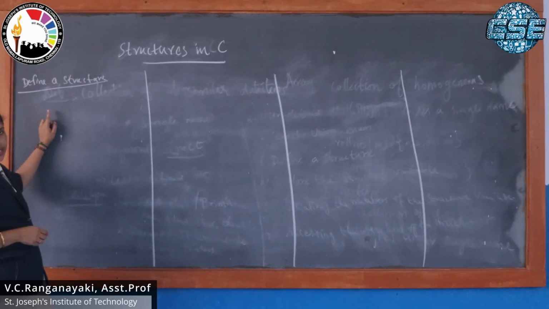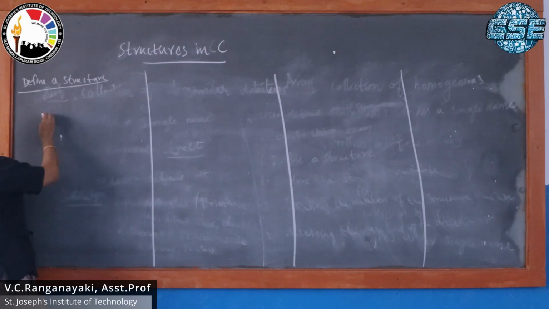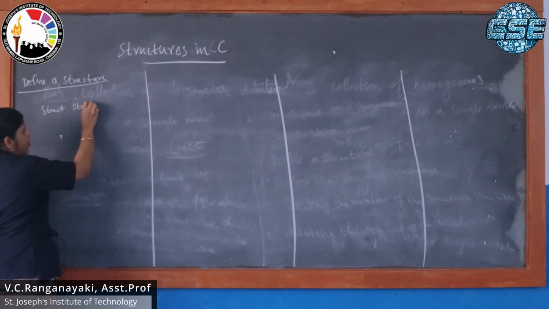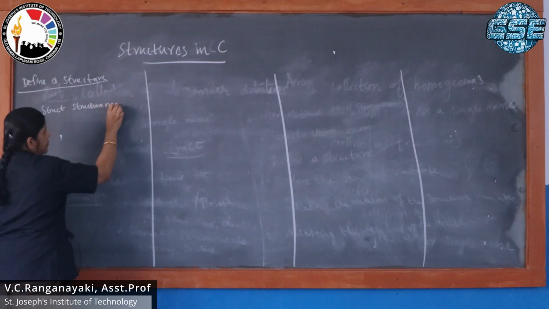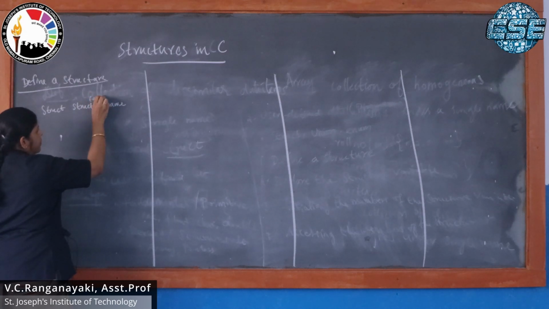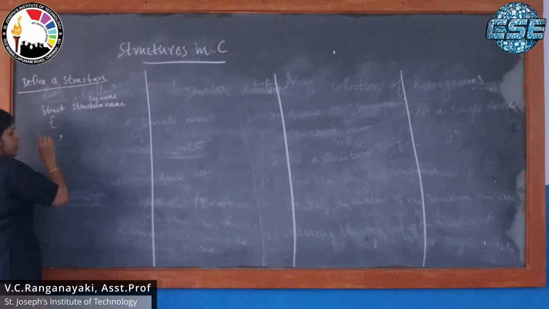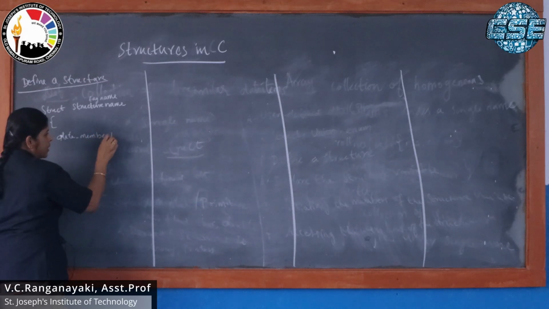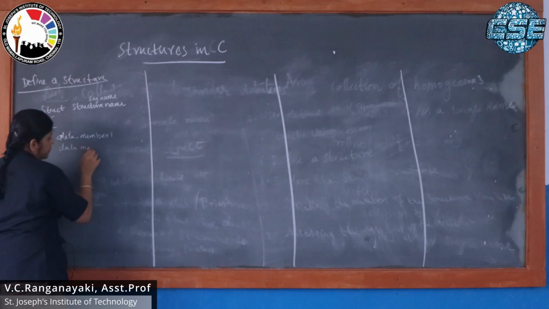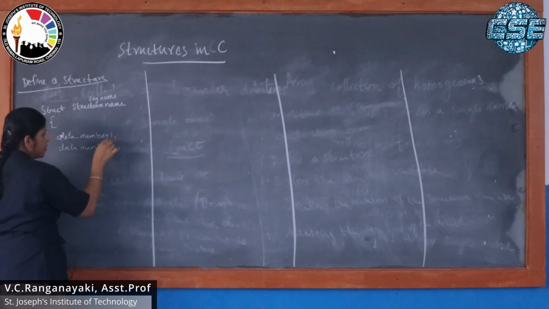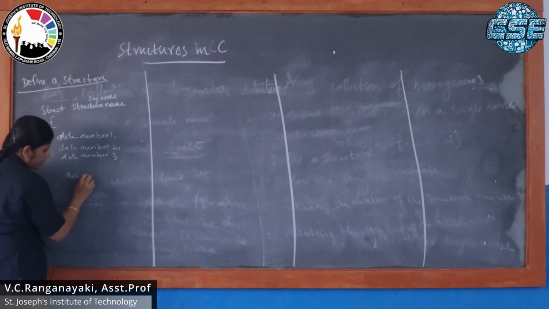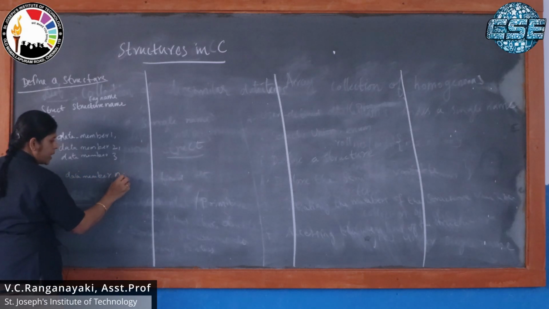We define a structure with the help of the struct keyword, as we said earlier: struct, structure name or tag name. We call it a tag name, structure name or tag name. Open, we declare the data members: data member 1, data member 2, data member 3, up to data member n we can declare.